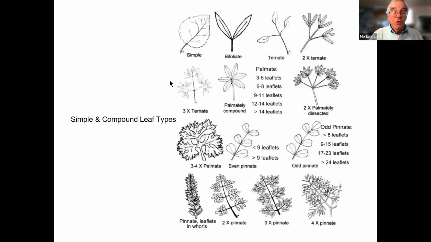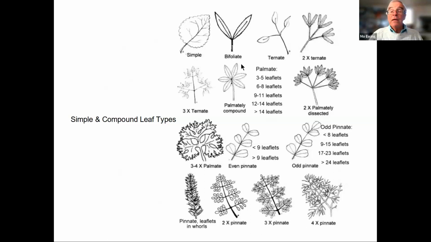So what's the difference between a compound leaf and a simple leaf? Well, it depends on where the leaf falls off from the stem in the fall. And a simple leaf, the leaf will break off from the stem right at the base of this single leaf.